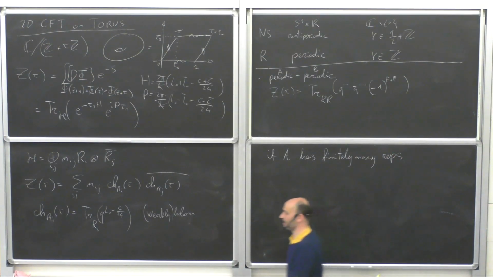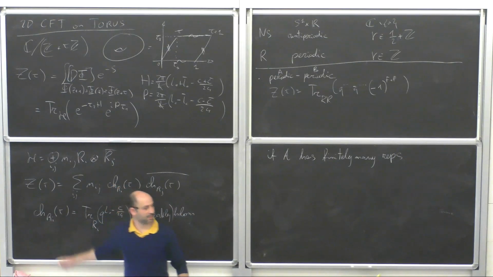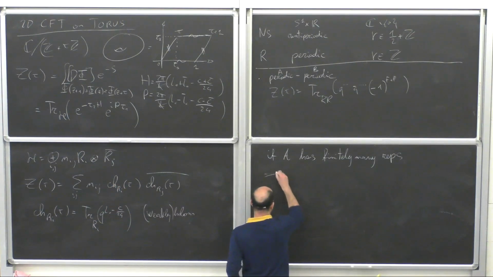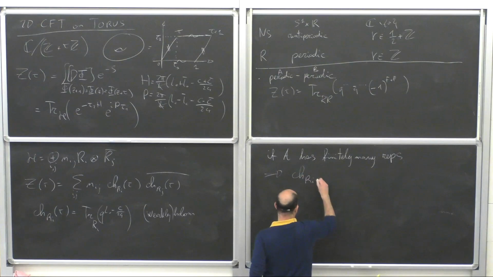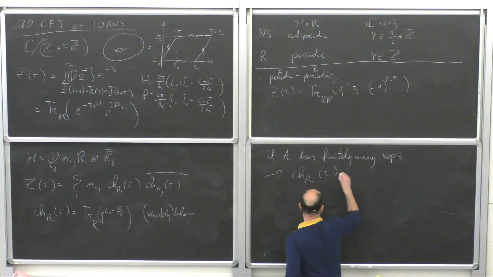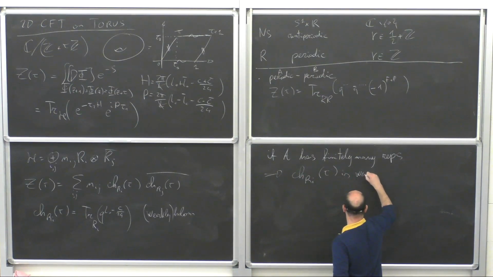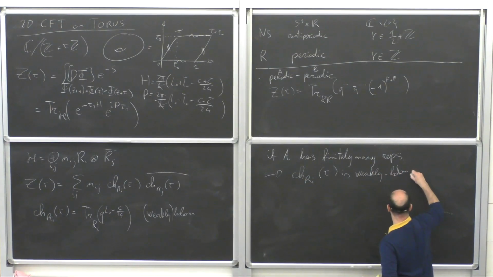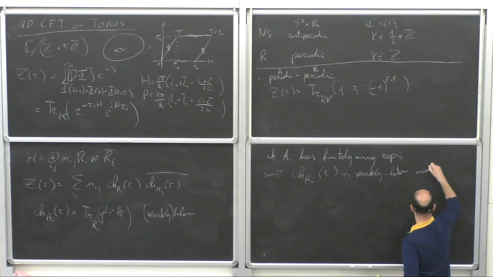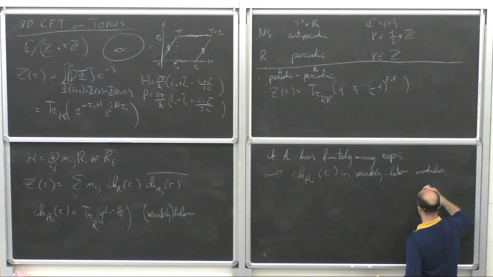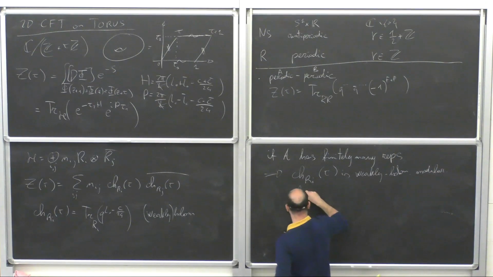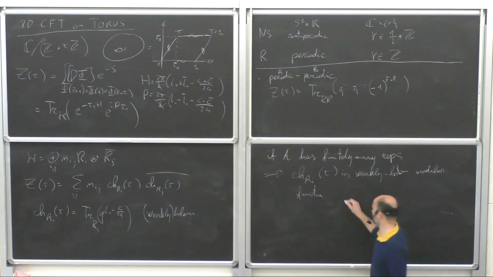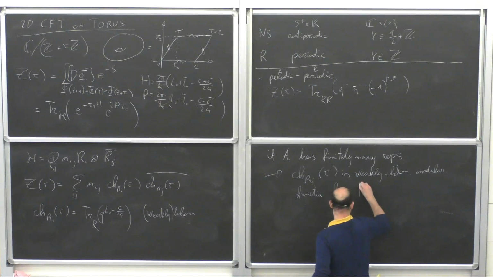You have only finitely many of these characters, and in this case one can prove that each of them is a weakly holomorphic modular function, a modular form of weight 0, not for SL(2,Z) though, but for some subgroup.